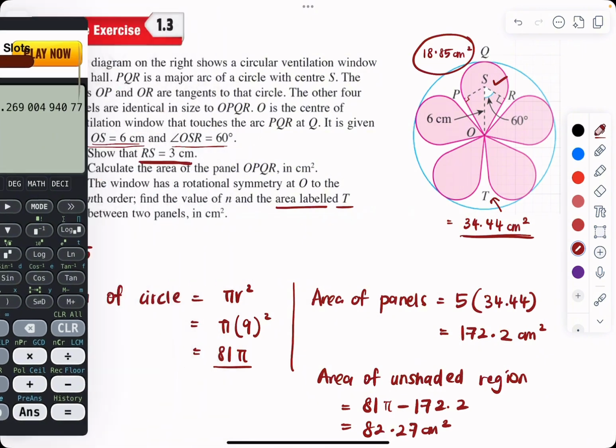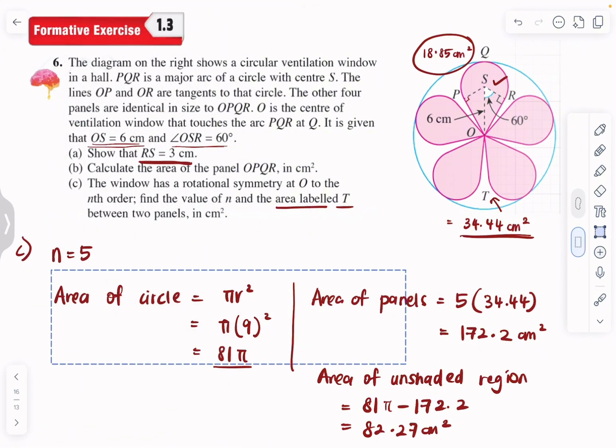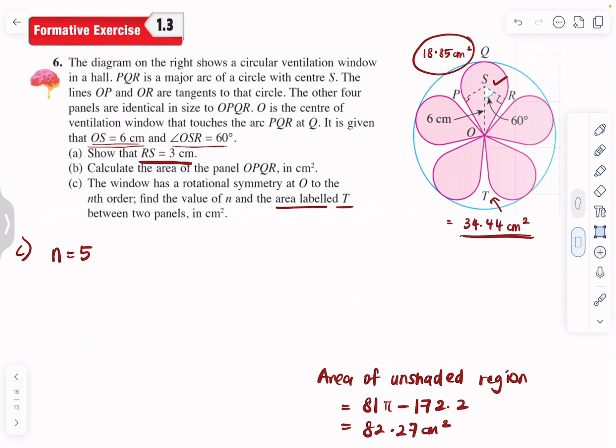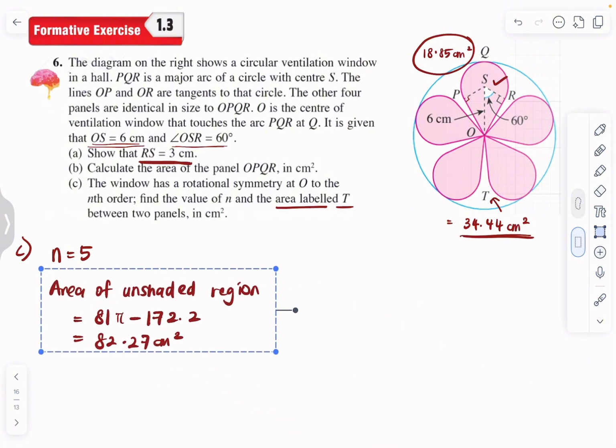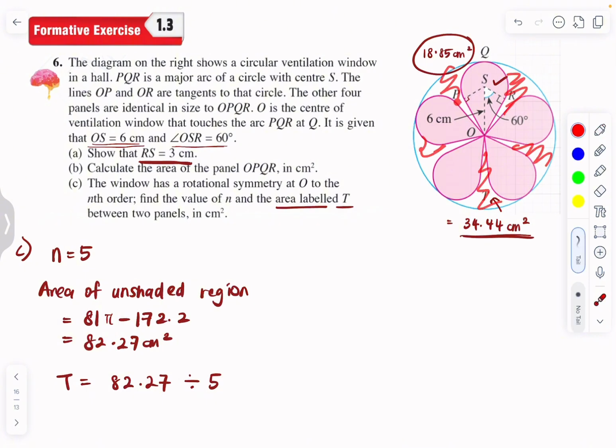But this is not the final answer. The final answer will be this divided by 5. So we can say area of T will be 82.27 divided by 5, because the unshaded region here is all this, and we just want one of this, so we have to divide it by 5.